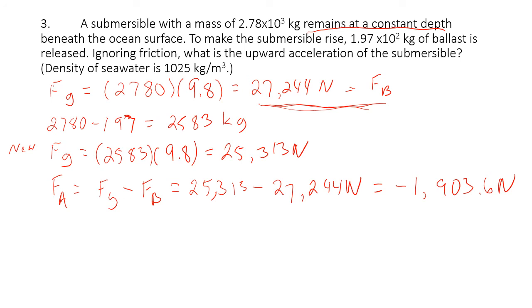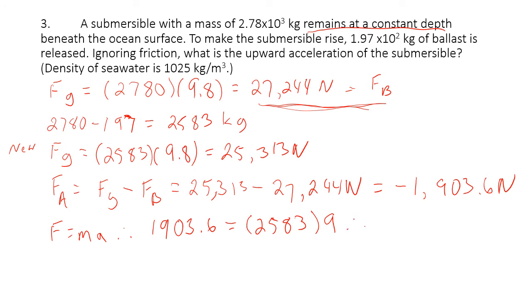So now to find the acceleration, we just do F equals ma, and our force pushing it up is 1,903.6. I'm just going to make that positive because it's going up toward the surface of the water. That equals the mass, and we're going to use our new mass here, 2583, times a.